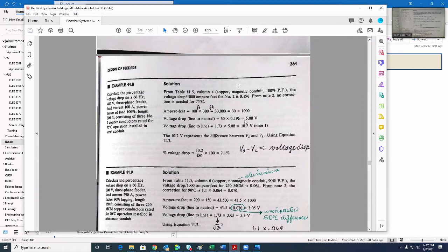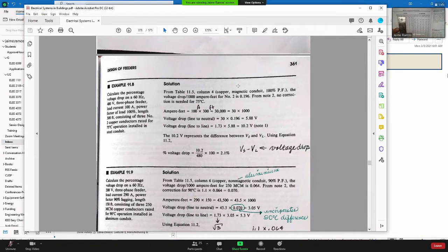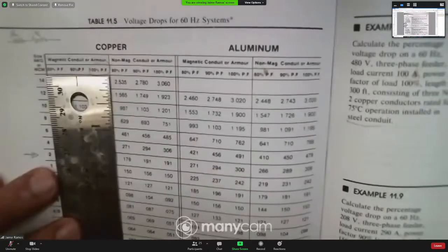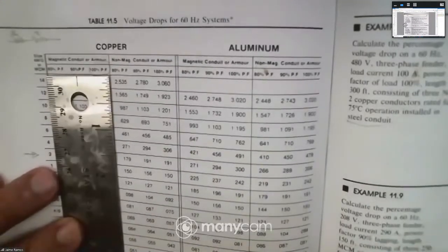So here is table 11.5. So copper, magnetic conduit, here. These columns are magnetic, look, okay? And then we have power factor, 80, 90, or 100. In this case, it's 100.